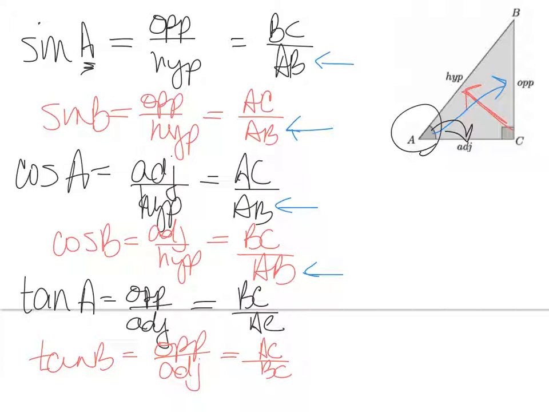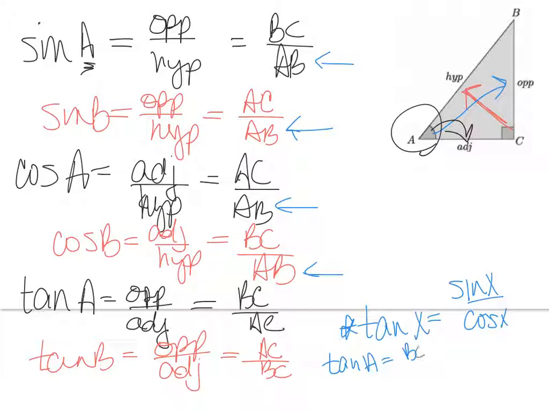We'll go over this in the future, but tangent of anything is sine over cosine. So if we looked at tangent of A, I would have sine of A over cosine of A. So BC over AB over, let's see, cosine of A, AC over AB.